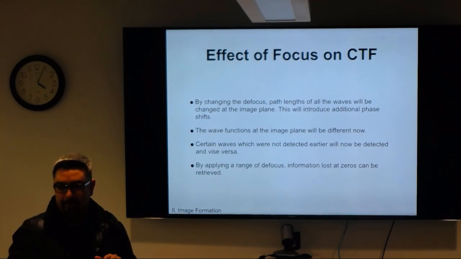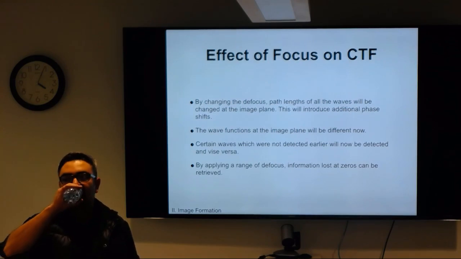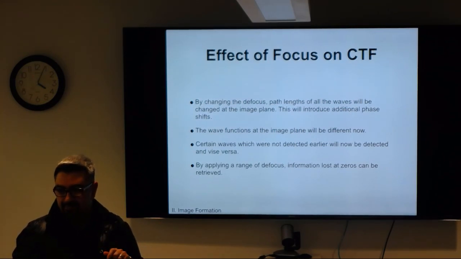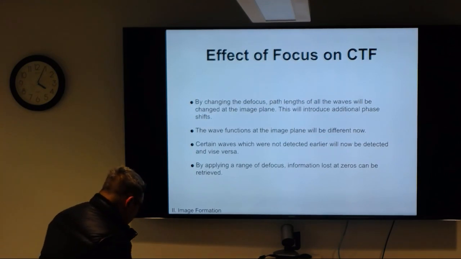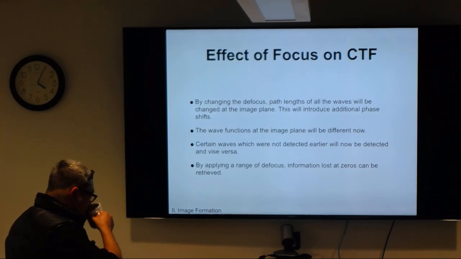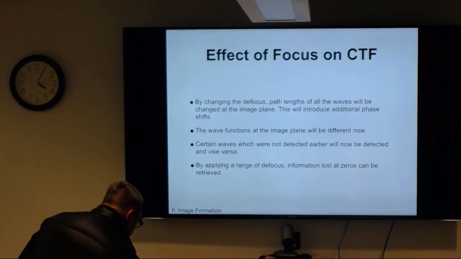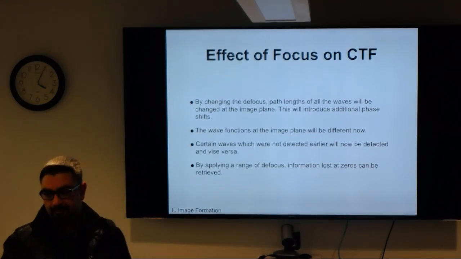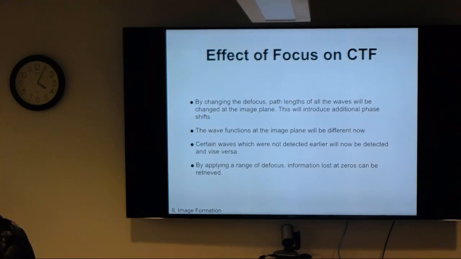So this is practically very applicable in case you ever forget to set a defocus range when you set up automation and you walk away from your scope. There's always going to be an inherent defocus range just in your sample itself. Like your ice is a little bit thicker or thinner, or the carbon support has a bend in it or whatever. But yeah, that's what you're trying to get. That's why you do a defocus range instead of one nominal defocus value.